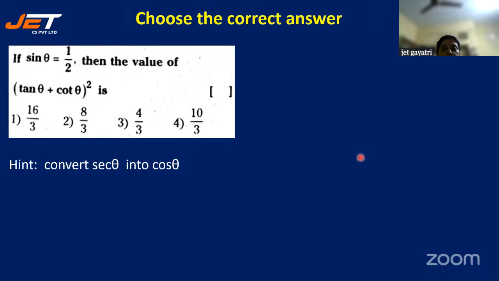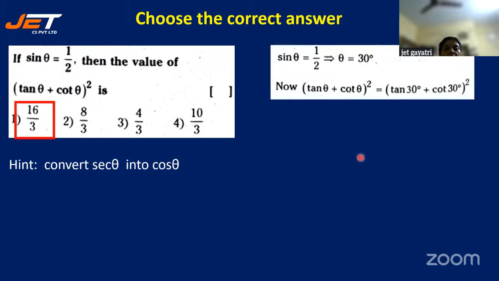Let's see the answer here. See, sine theta is equal to half. So if you see the chart that we did yesterday, it is very clear that sine 30 is half. Is it clear?